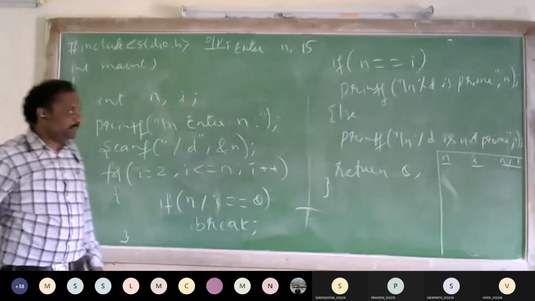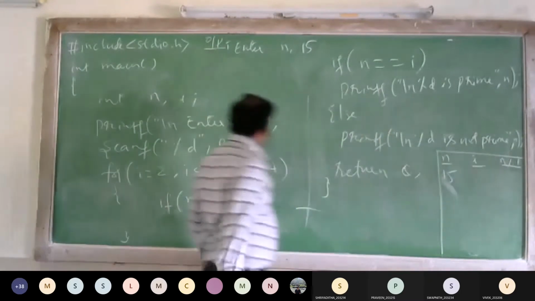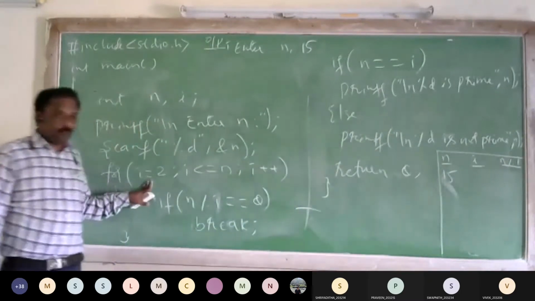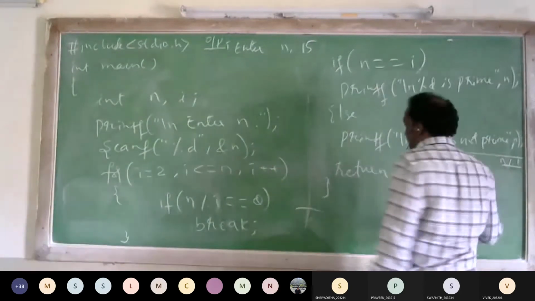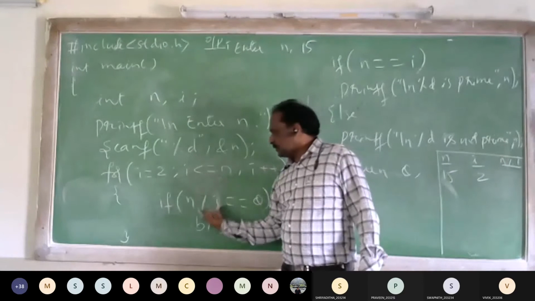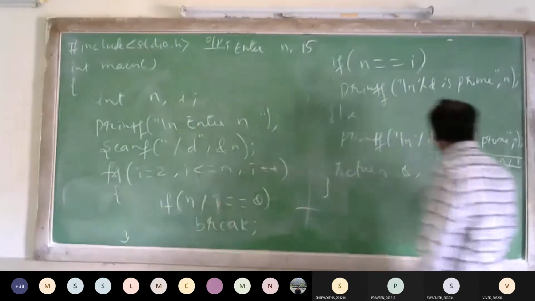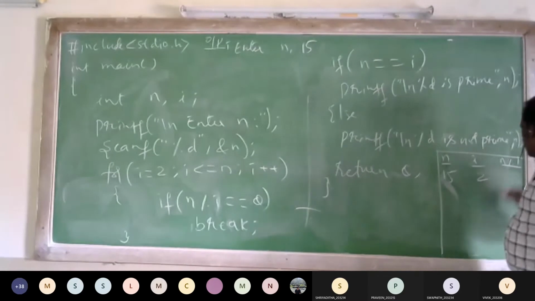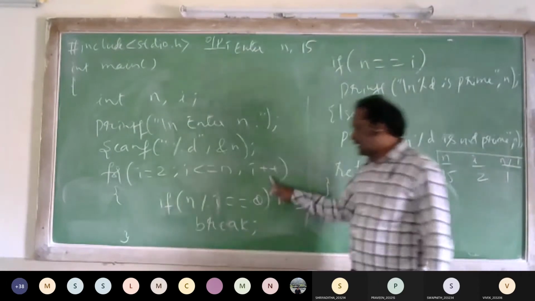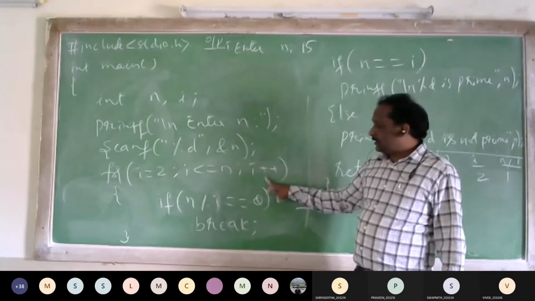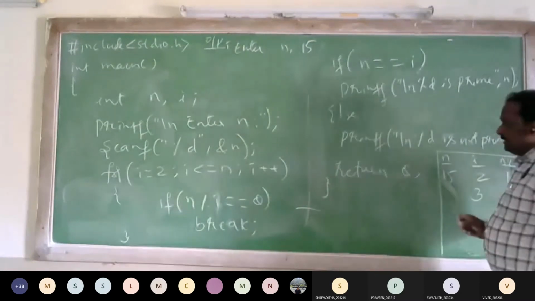Now n is 15. I am starting with 2. Now, 2 is less than or equal to 15? Yes. n modulus i. What is 15 modulus 2? The remainder is 1. The remainder is 1 means this is not executed. The control will increment the value. i plus plus, the value of i will be 3.